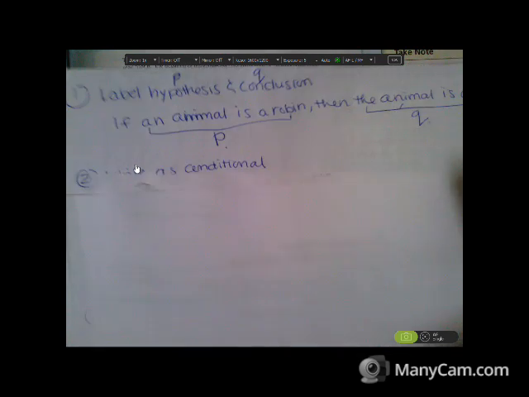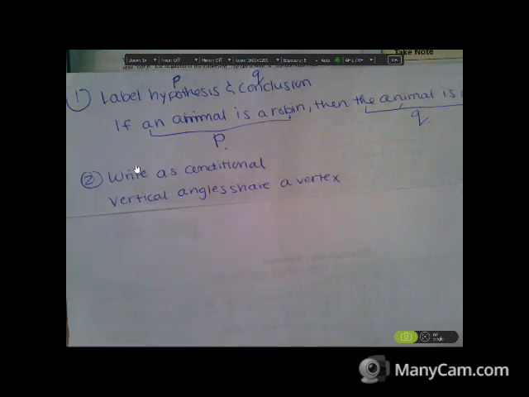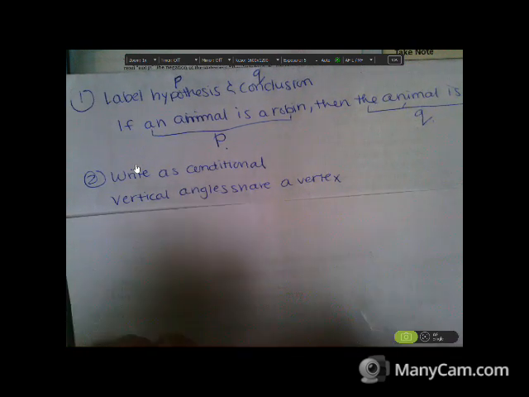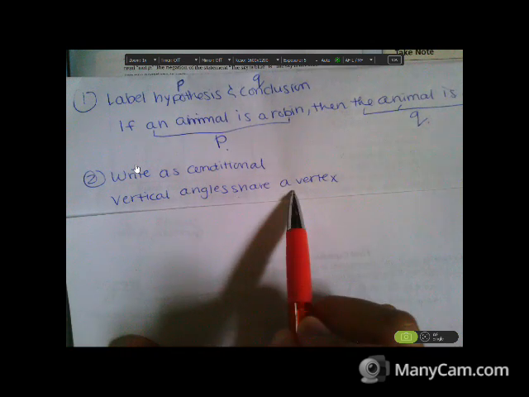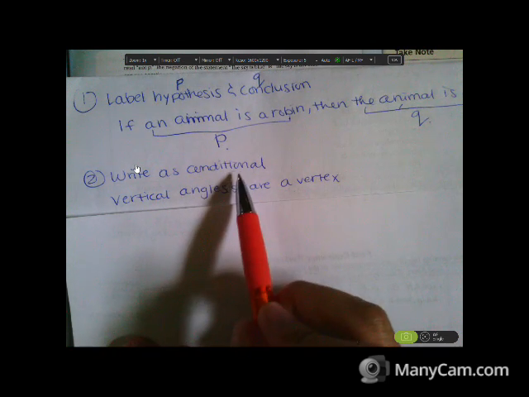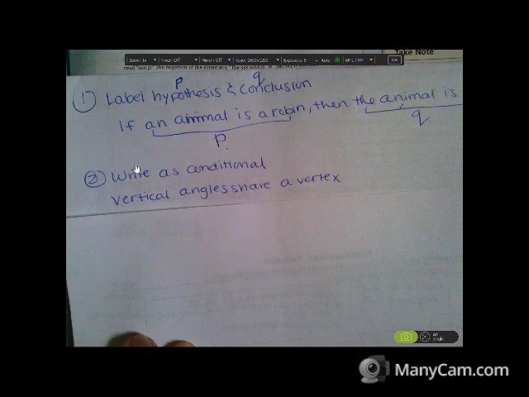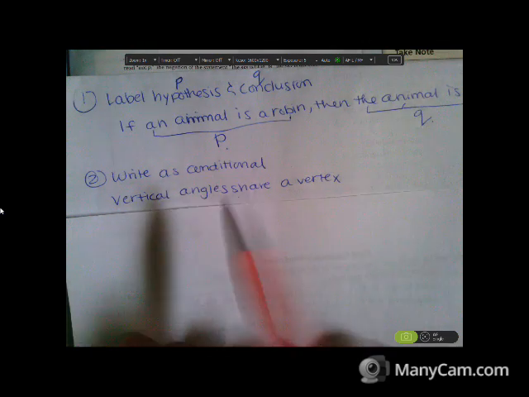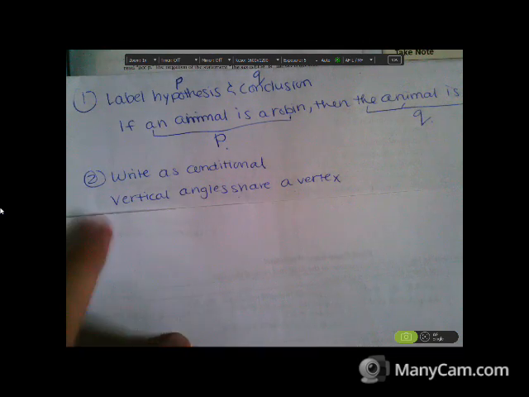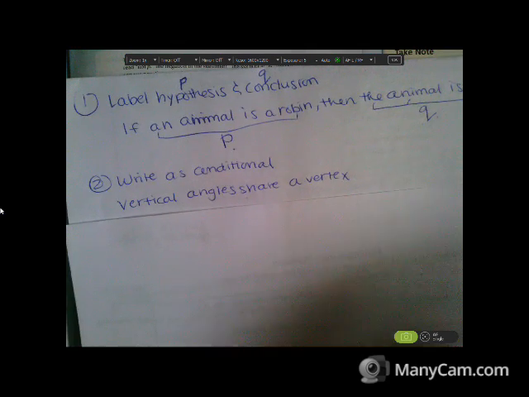Alright, problem 2. They want you to write this statement, vertical angles share a vertex, as a conditional. Now the conditional has an if-then statement. This is the process that the book wants you to use, and it's a pretty good one.